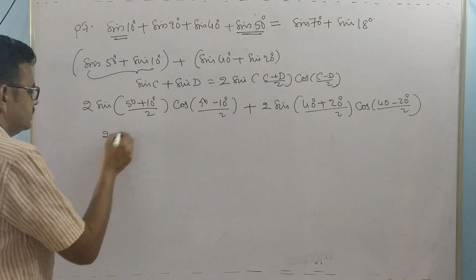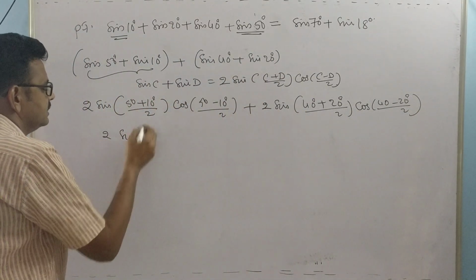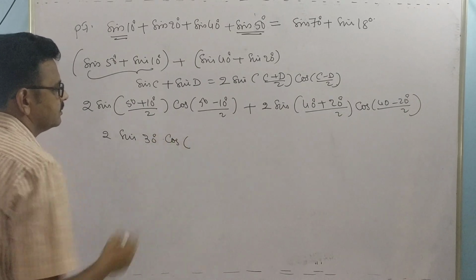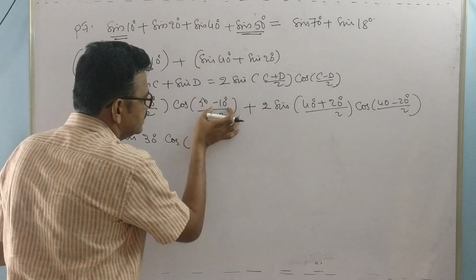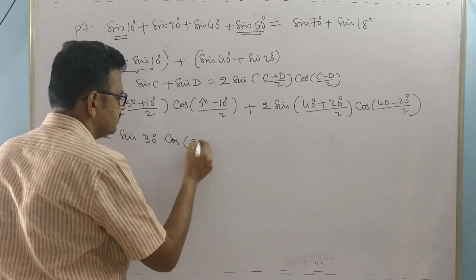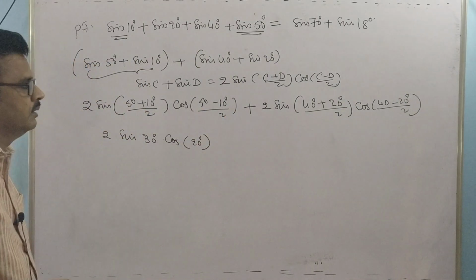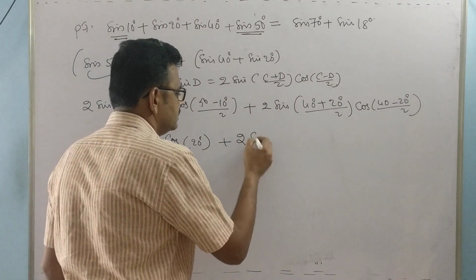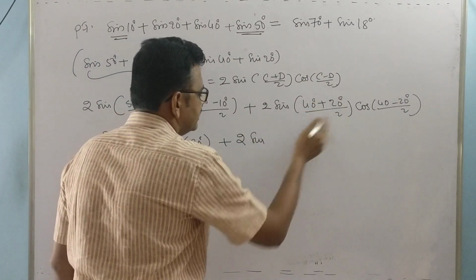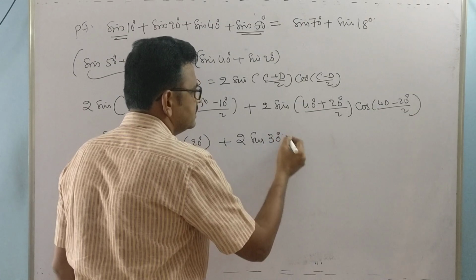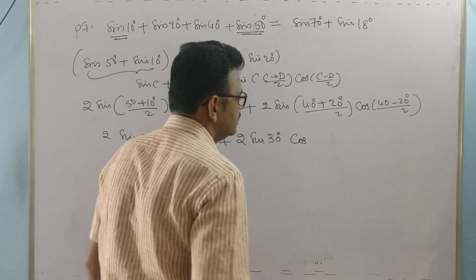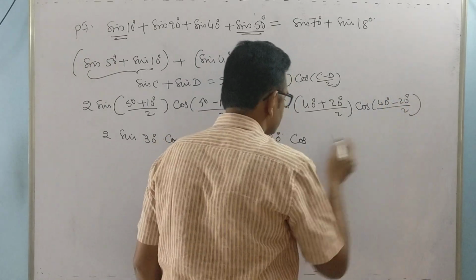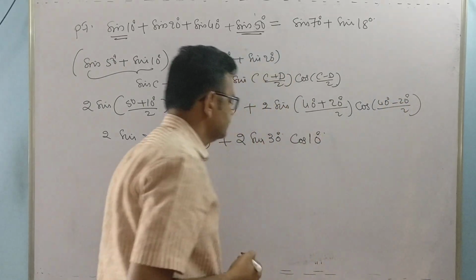So this is 2 into sin 30 degrees into cos 20 degrees, plus 2 into sin 30 degrees into cos of 20 by 2, that is 10 degrees.